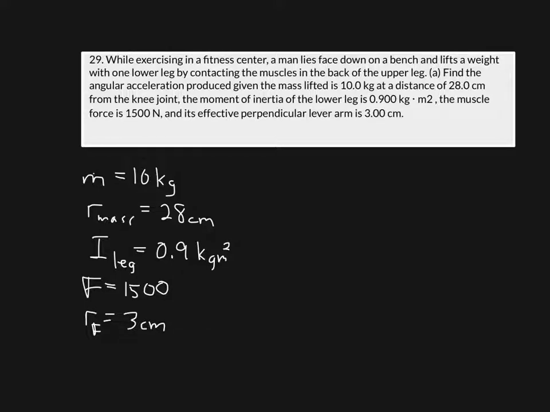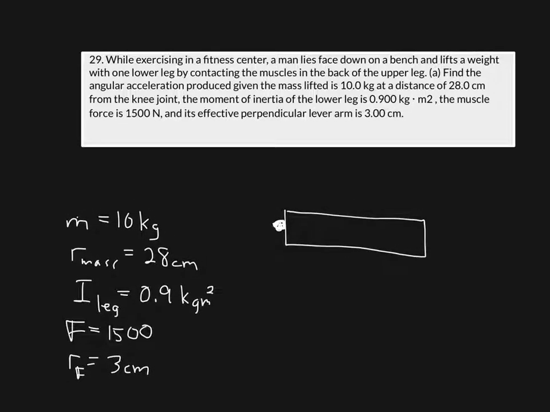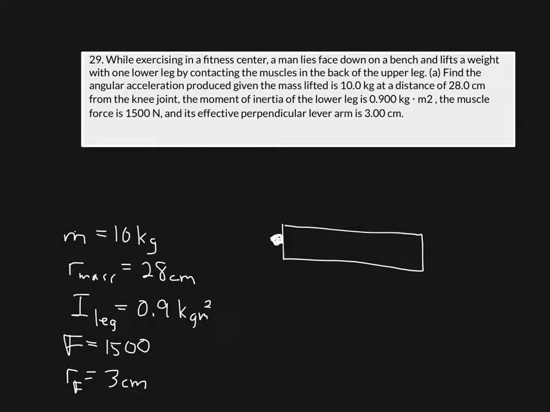Okay, so what does a picture of this look like? Well, we have our knee joint right here, and then we have our leg. Let's shift this down a little bit so that we have a little bit of space to draw for this leg. So I have my leg, and I've got a mass attached to my leg.